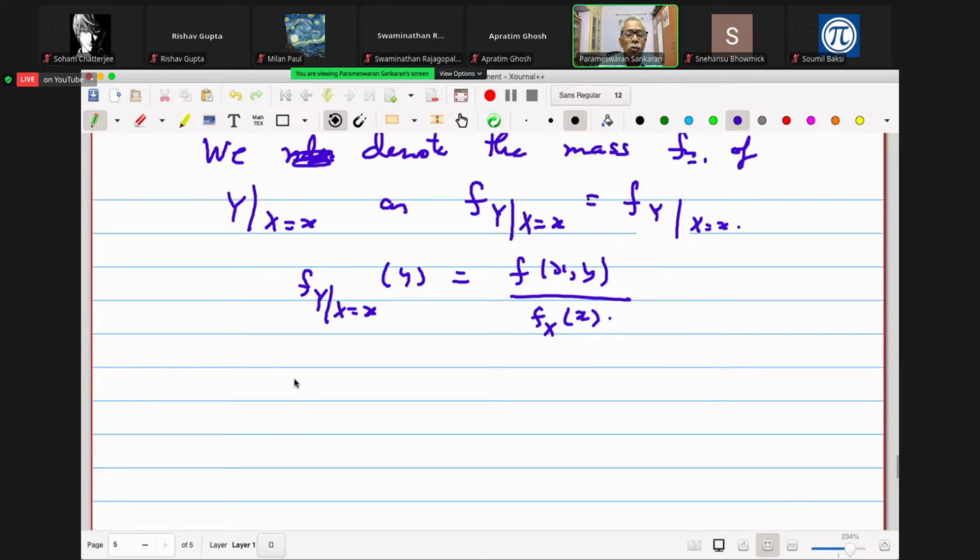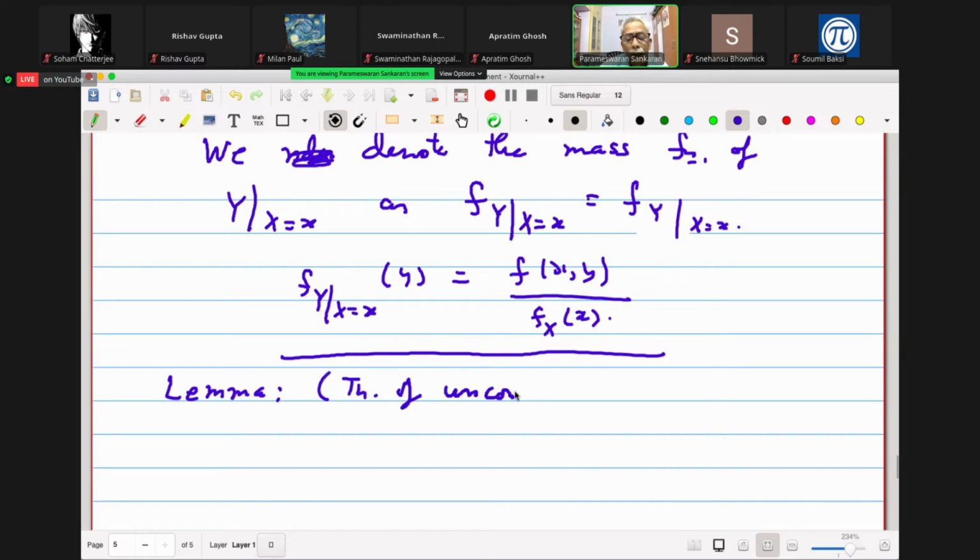And now, one important thing: I think I should mention this lemma. This is the two-variable analog of the law of the unconscious statistician. I have no understanding why it is called unconscious.